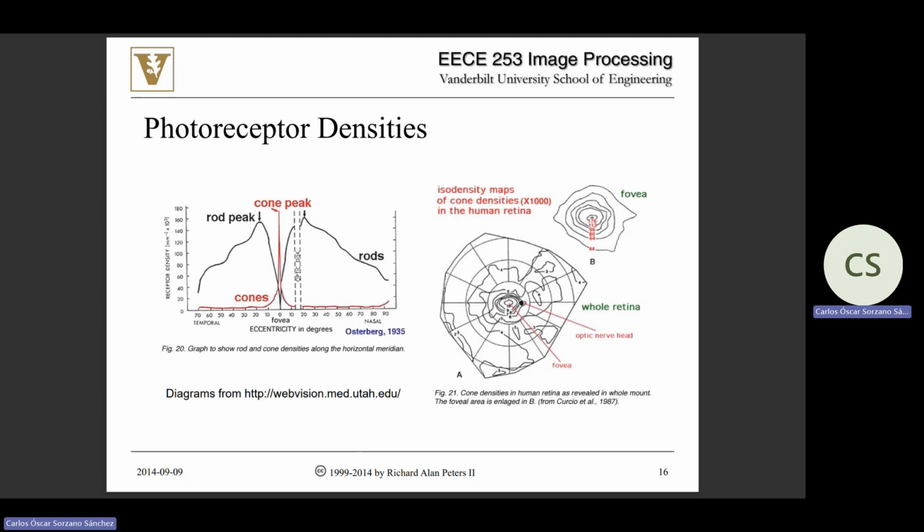So by night, you don't get any excitation here because there is no red, green, or blue light. There is blue light, but there is no red and green, so you don't get any excitation here. That is where you have your most sensitive area. And then all the rest, where you don't have so much sensitivity, is the one that is receiving the night light.